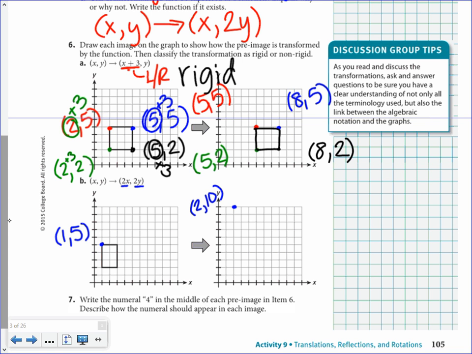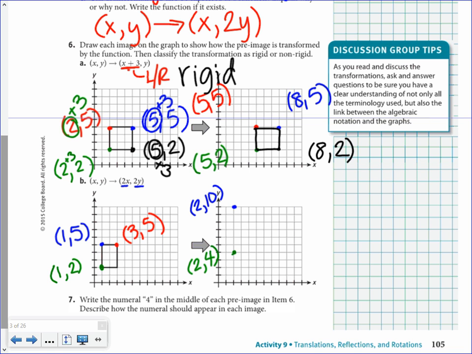Then my bottom left corner is currently located at 1, 2. When it gets mapped using this transformation, and I multiply the x and the y by 2, I'm going to get 2, 4, which goes there. Then I'm going to do the same process with the top right corner. So it is currently at 3, 5.